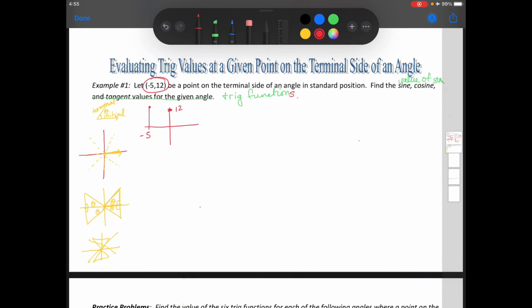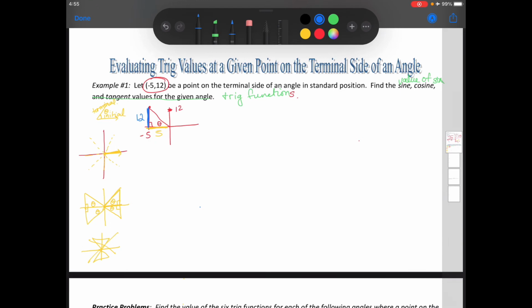So what we do is draw a reference triangle, and I said it will look like one of the wings of a butterfly, right? You drop a perpendicular, so this is 90 degrees and this is your angle theta. Do you agree that this distance is 5 units? So this is 5, and I'm going to do it in a different color. And the vertical distance is 12 units, right?